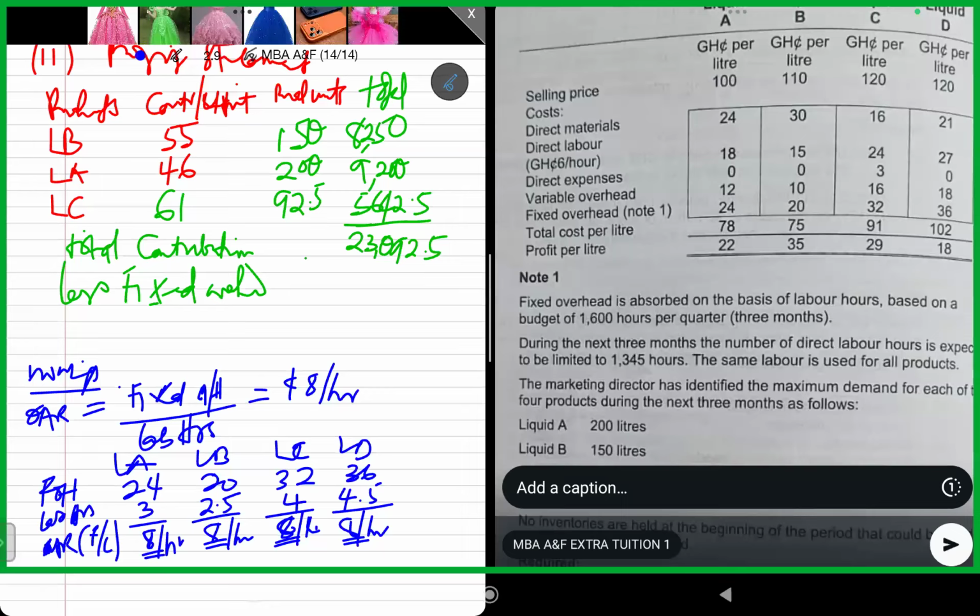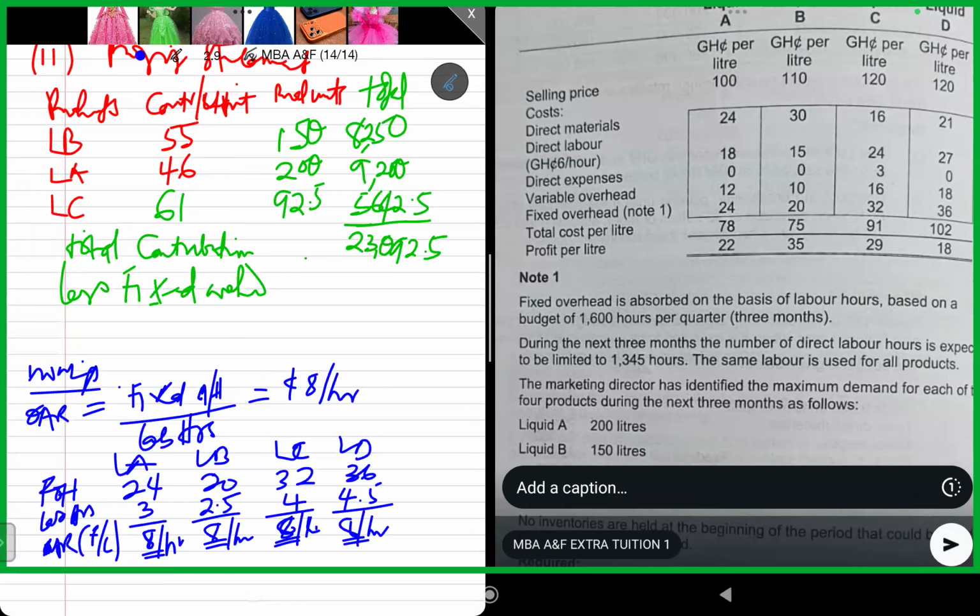So he's saying here in the question, the figure for the fixed overhead, which you've written, is 24 cedis per liter. But the note is saying that it has been absorbed on the basis of a budget of 1,600 hours per quarter. So we have to compute the fixed overhead based on labor hours, not based on liter. Meanwhile, in the cost card, the 24, 20, 32, and 36 are per liter.